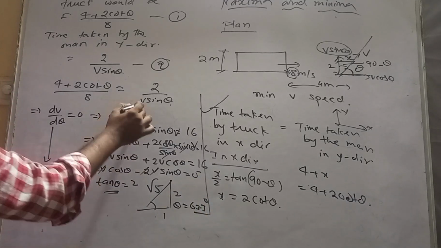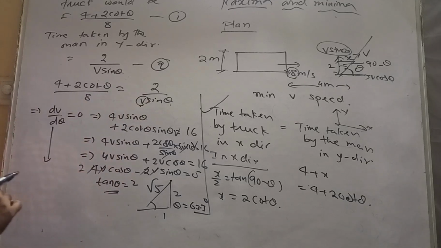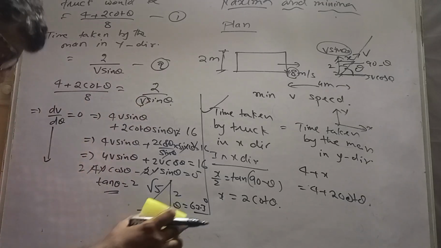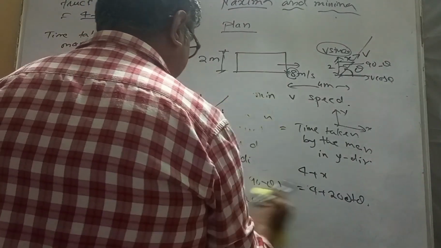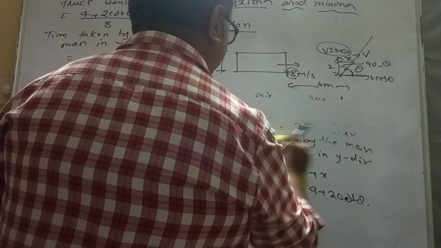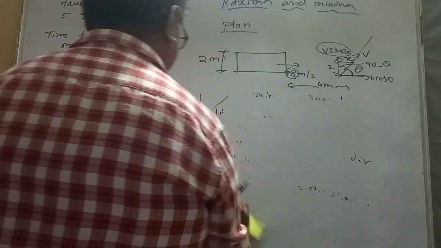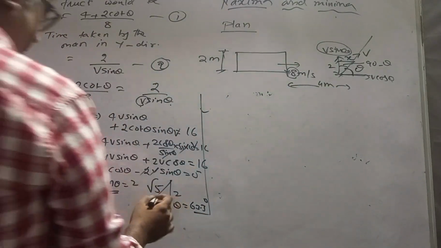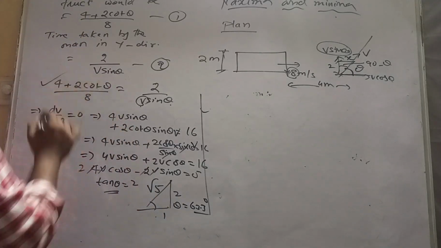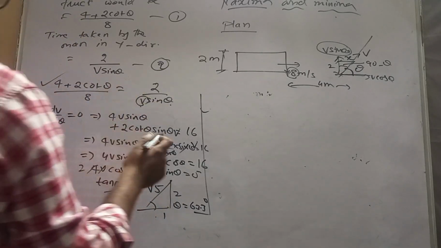Now we have to find out the value of v from this equation. I'm going to use this to find the final value of v minimum.